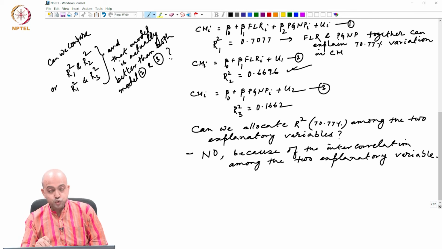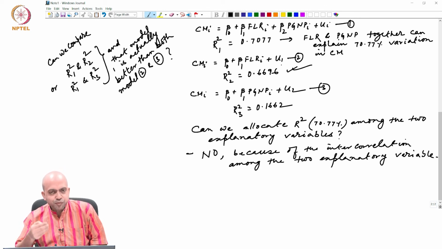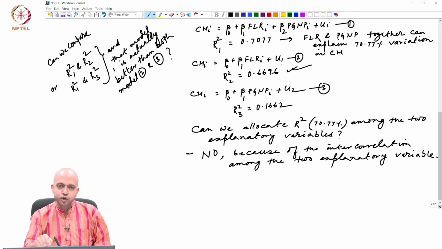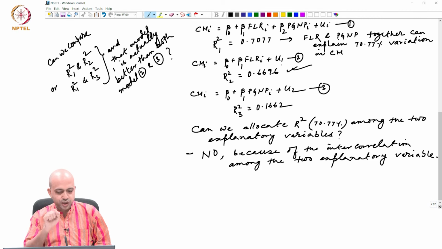Compared to these two partial models, our complete model gives better R square. Since the complete model gives better R square, when we compare 2 and 1, we see that there is some change in the R square value. That means the explanatory power of the model increases when we add PGNP also in the model, because R square increases from 0.6696 to 0.7077. Similarly, compared to 3 and 1, when we add FLR also in the model, R square increases from 0.1662 to 0.7077.